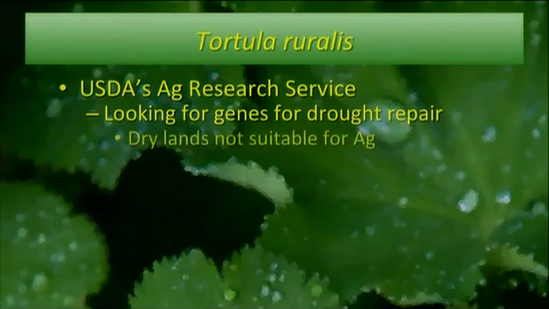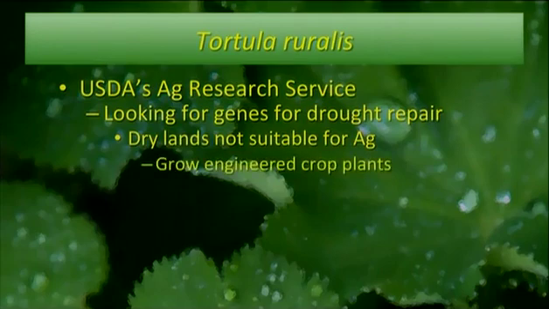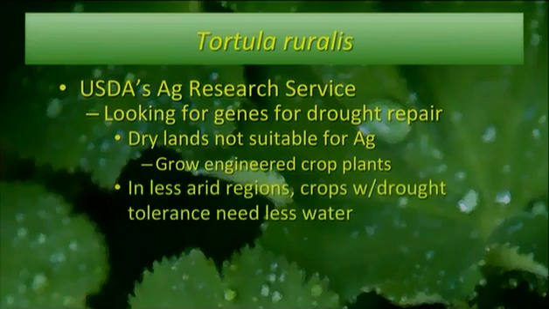Then they can also use dry lands that are not suitable for agriculture. Then they can grow engineered crop plants this way, especially if it's engineered to withstand drought. They can also grow the plants in less arid regions too. Crops with drought tolerance need less water. So here are some benefits to this.